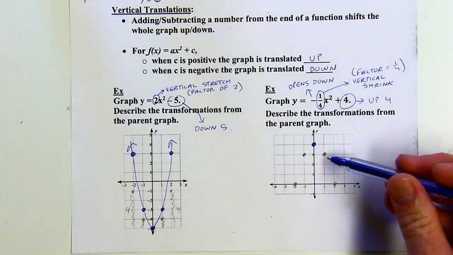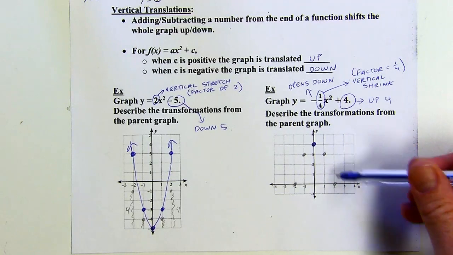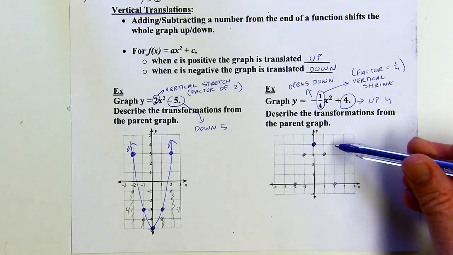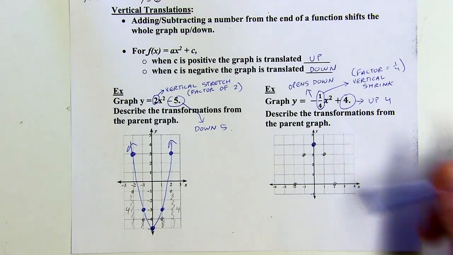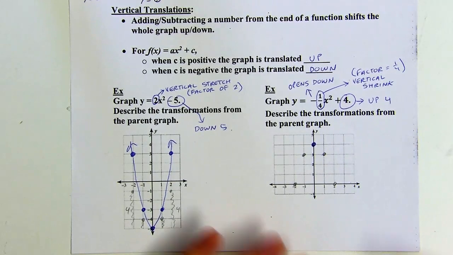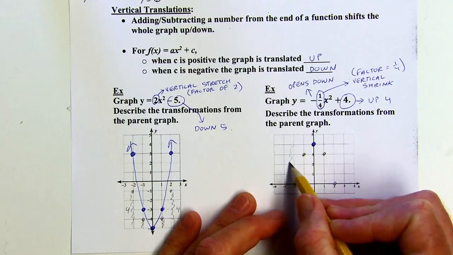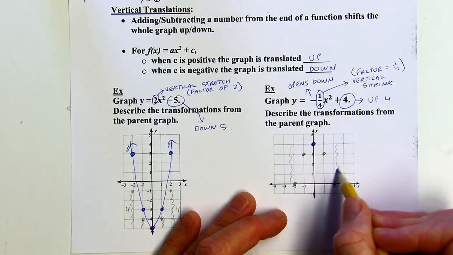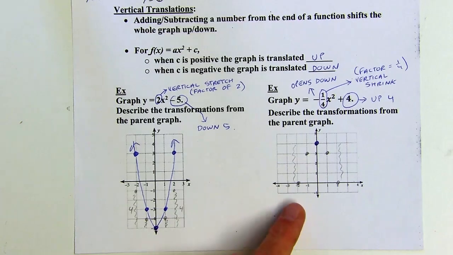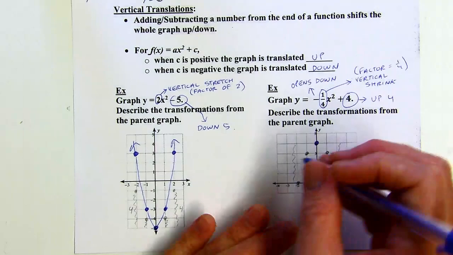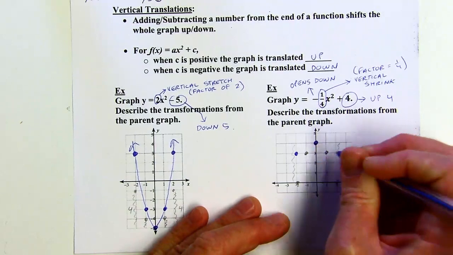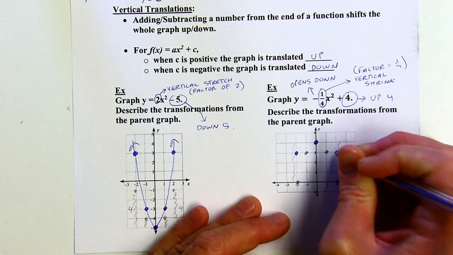So that means I want these points to be just 1/4 of the vertical distance away that they are right now. So I'm going to take this vertical distance and divide it by 4, in other words. Okay? So this first set of points, I can see these are 4 units away vertically from the vertex. So I want to take 1/4 of 4. Well, 1/4 of 4 is 1. So that means those points would end up there.